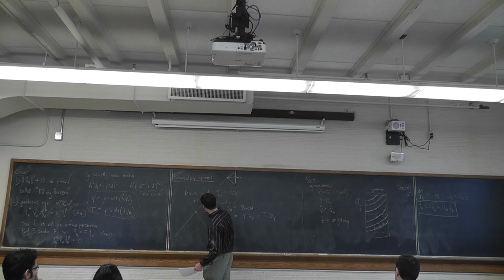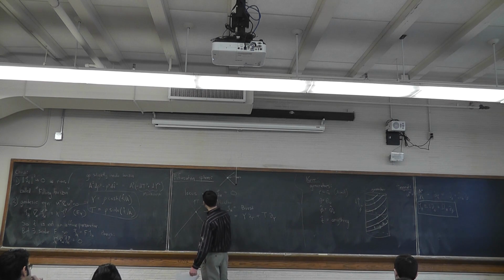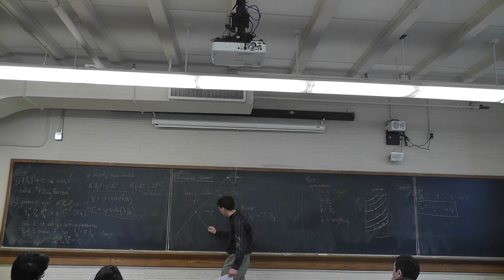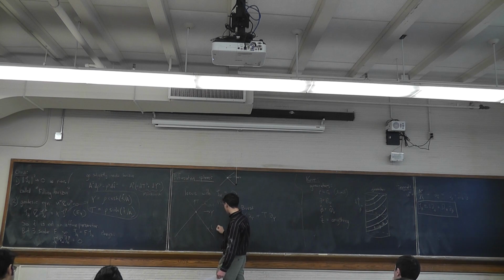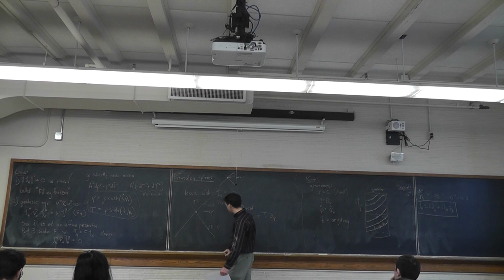So if you look at that vector along here, it's going to be proportional to 1, 1 in ty coordinates. If you look at it down here, it's going to be proportional to 1, minus 1.